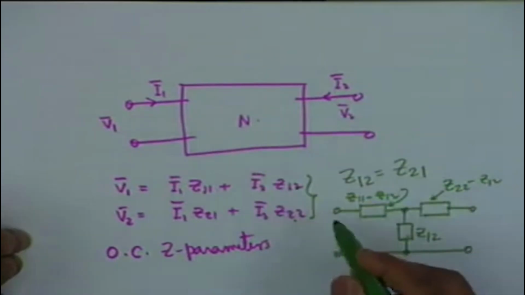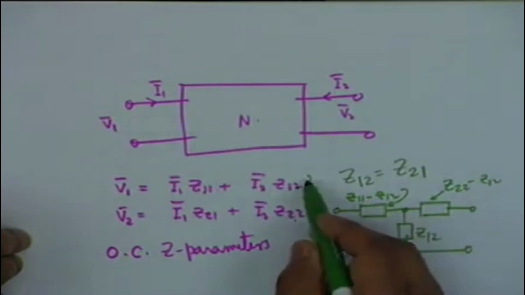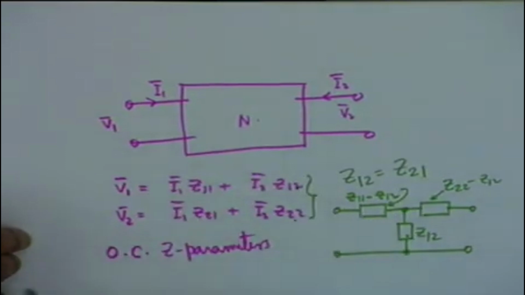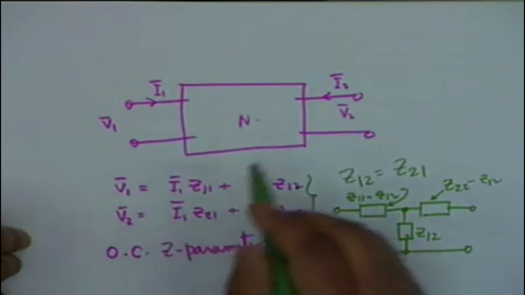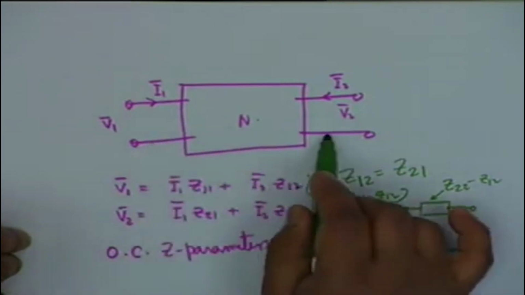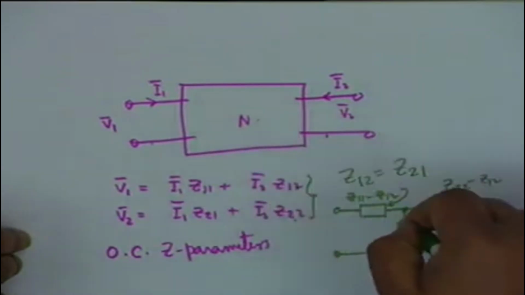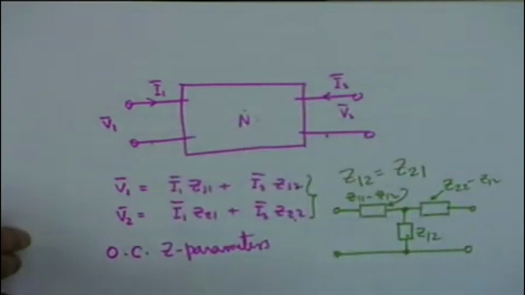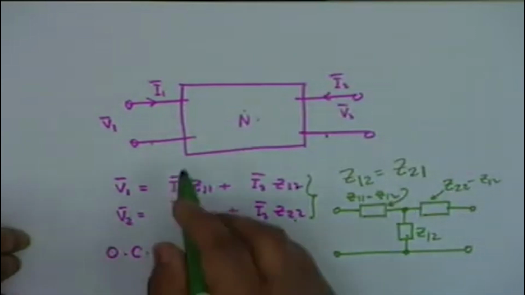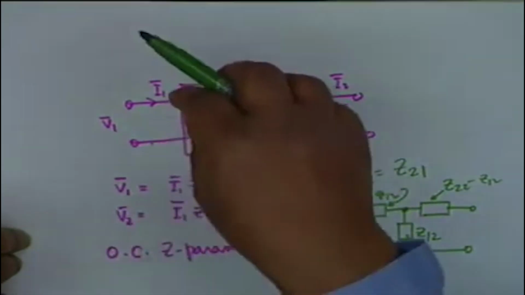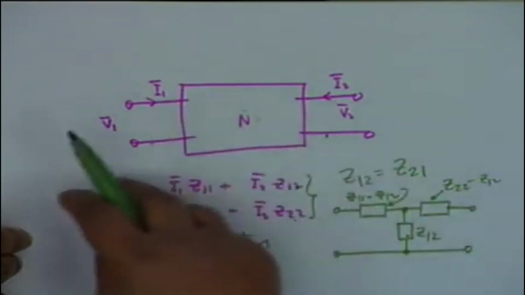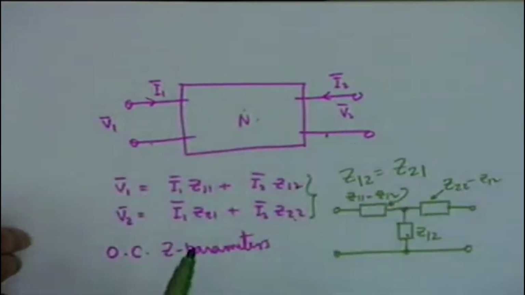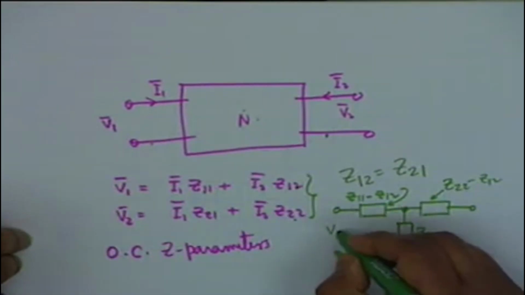It is equivalent to the two equations representing the network, and therefore if these 2 terminals were common, then this would have been a model of this network. It must be remembered, all right. If it is a truly 4 terminal network, you cannot replace N by this, but as far as the mathematical relationships are concerned, yes, this network represents. This can be very easily shown.